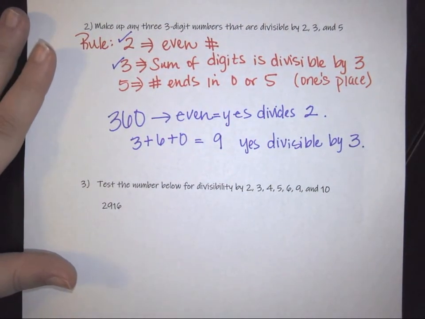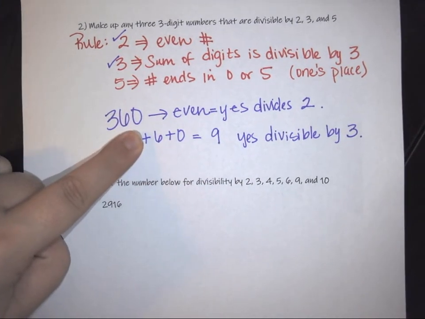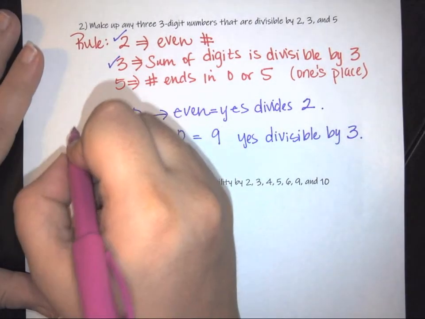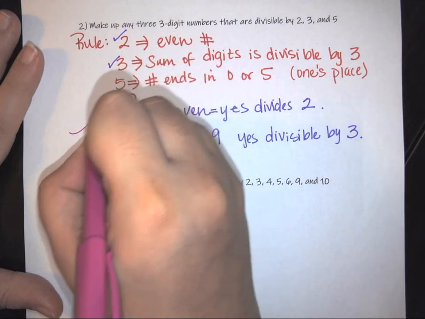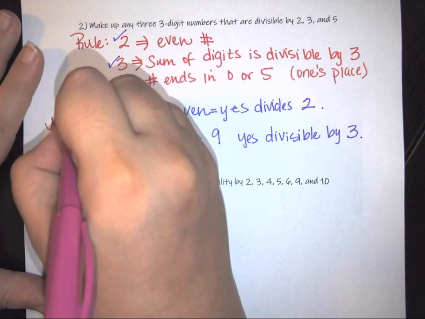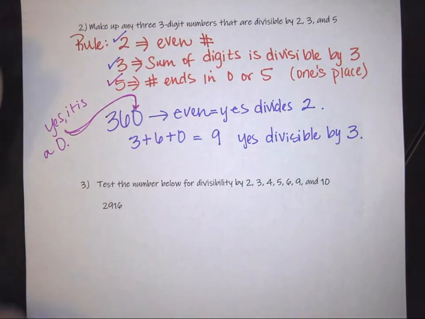Now, the last rule says it has to end in 0 or 5. And we're talking about the ones place. So what we're actually talking about is this digit right here. And yes, it is a 0. So that passes the 5 test.